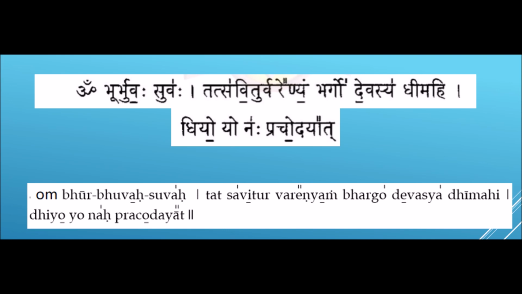In this Gayatri, there are two visarga rules to be followed. Number one, after bhuvaha, it is followed by a sa sibilant. So you just transform the bhuvaha to bhuvas. So it becomes bhuvas suvaha.